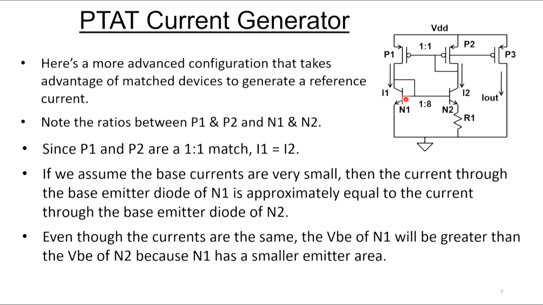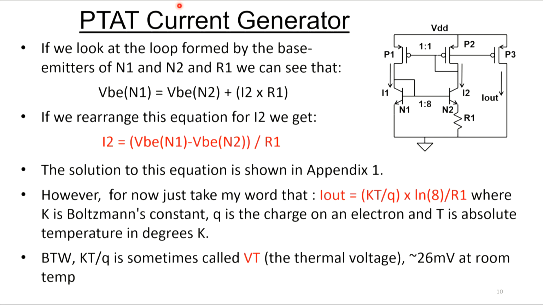The VBE drops on these diodes aren't going to be the same because this diode is a lot bigger, 8 times the size. So it's going to have a lower voltage on it. So that's what we're seeing in this equation here. We're saying the VBE of N1, that's this guy, is equal to the VBE of N2 plus R1. And what we're doing is we're looking at this loop right around here that I show in red.